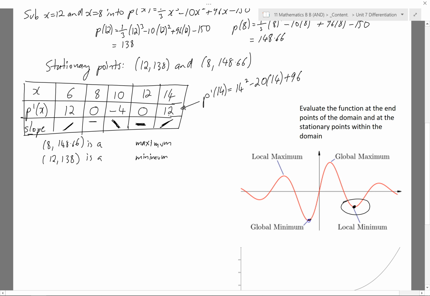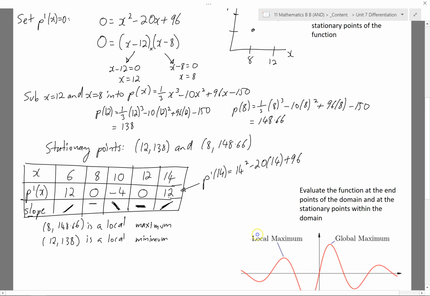But there could be a point which is smaller than it overall. Same thing here. We could have a local, this 148.66 could be a local maximum when there's actually a bigger value out there. So at the moment, all I'm going to do is call these local maximums and local minimums, because I'm not sure whether they're actually the global maximum.